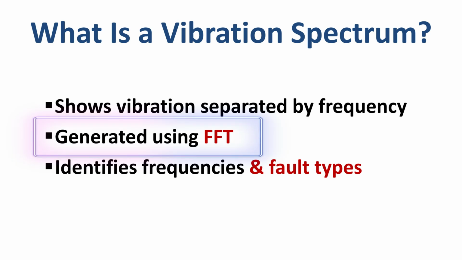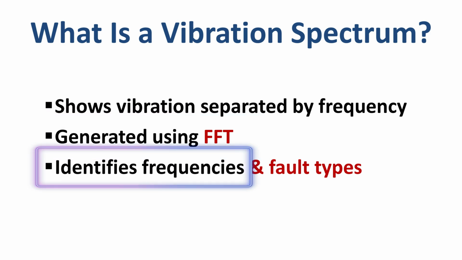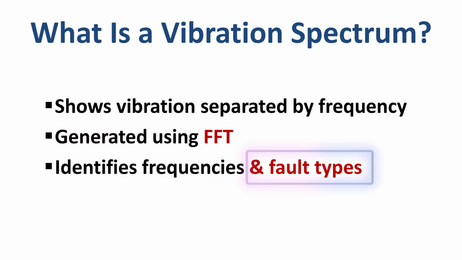It divides the overall vibration into different frequencies, right? So it helps us identify which component is causing the problem. The third is that it tells us how much energy is attached to each frequency. The fourth is what kind of fault is mostly present in the machine. So these are mainly four things you can easily tell by using spectrums.